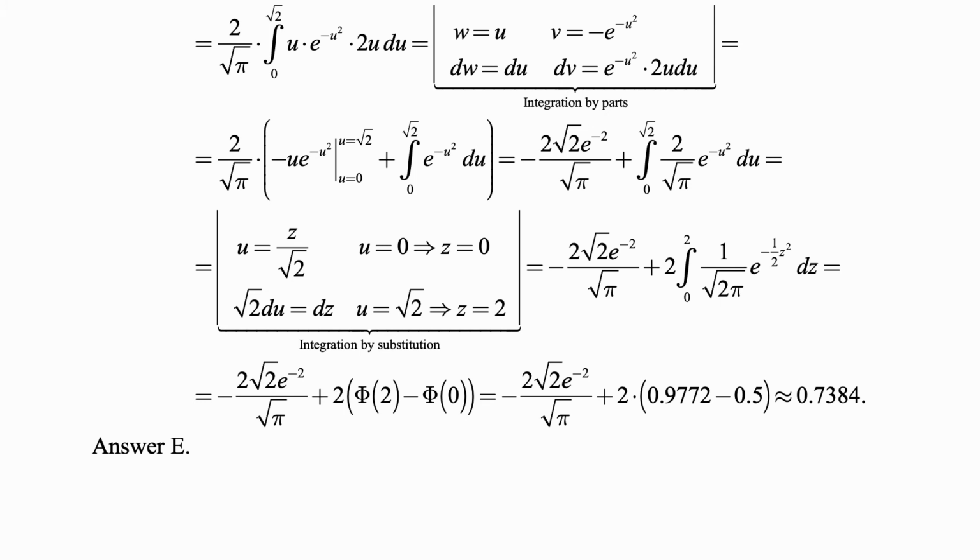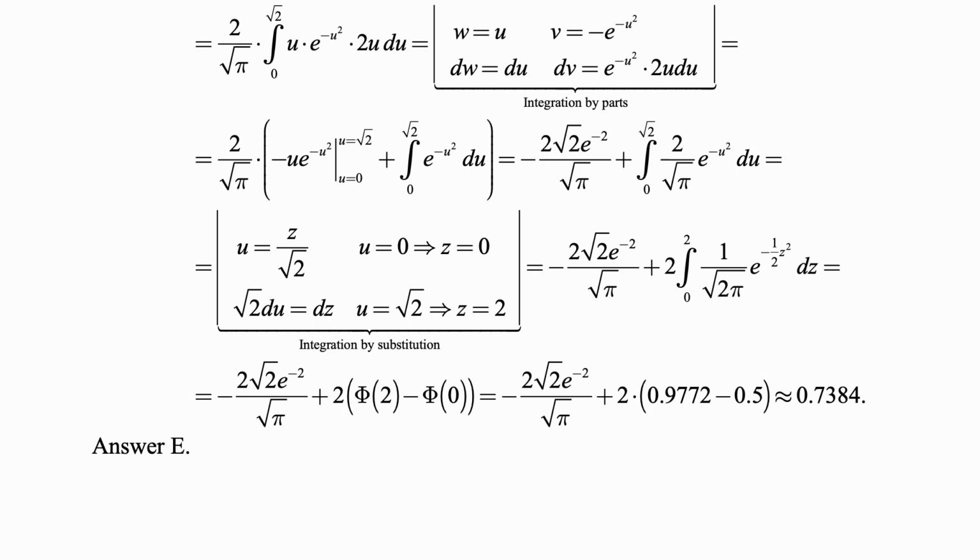So this is integration by substitution. And this expression becomes minus 2 square root of 2 e to the negative 2 over square root of pi, plus 2 times the integral from 0 to 2 of 1 over square root of 2 pi times e to the minus 1/2 z squared dz.